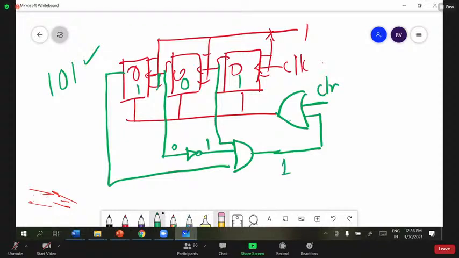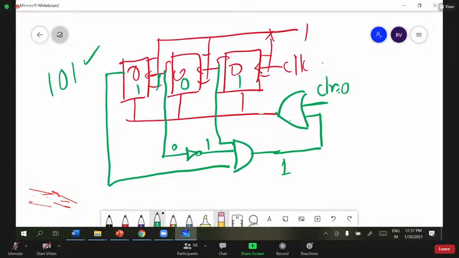Initially I made clear high, and I kept this low now. Initially, when clear is made high, whatever this condition may be, I am getting this as 1, and I can reset all the flip-flops initially. But when the counting sequence started, I have kept clear equal to 0.